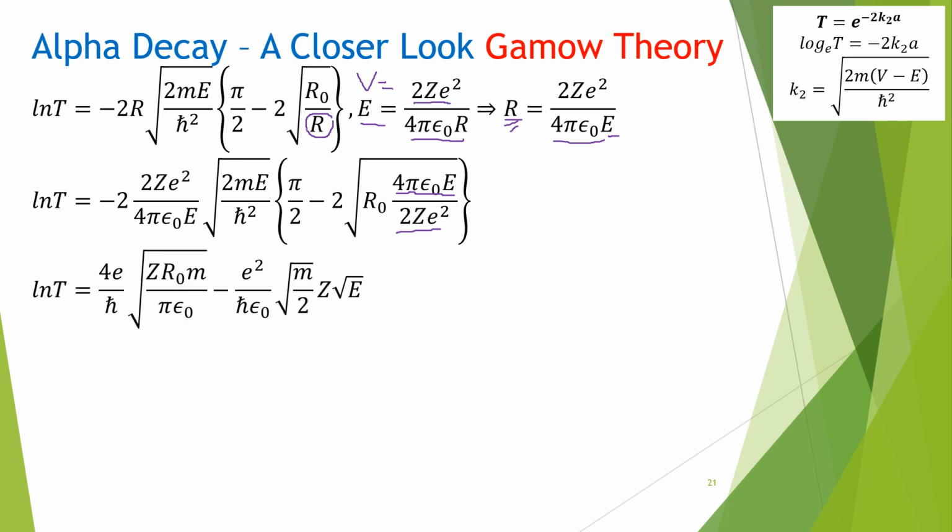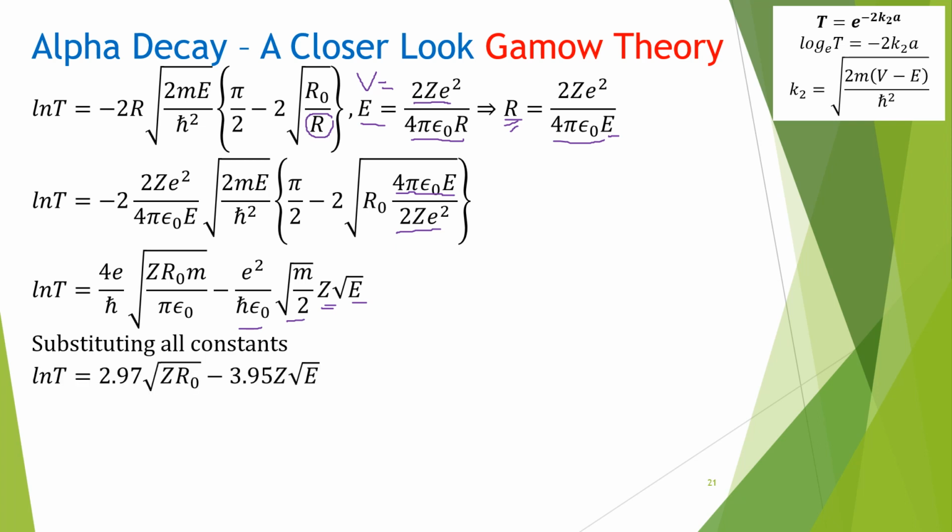Now this can be further simplified as 4E upon h cross under root Z R0 m upon pi epsilon 0 minus E square upon h cross epsilon 0 under root m by 2 Z into E. Here Z is the atomic number of the daughter nucleus.